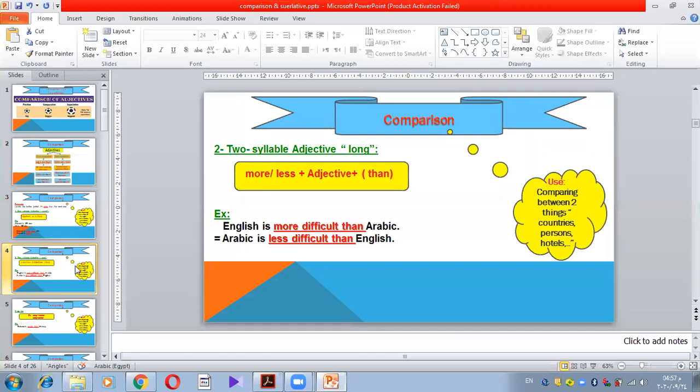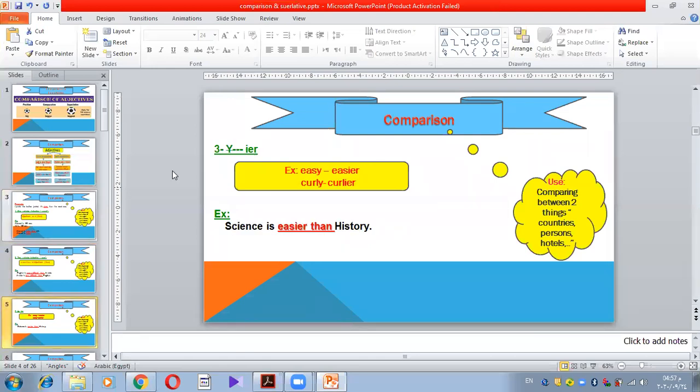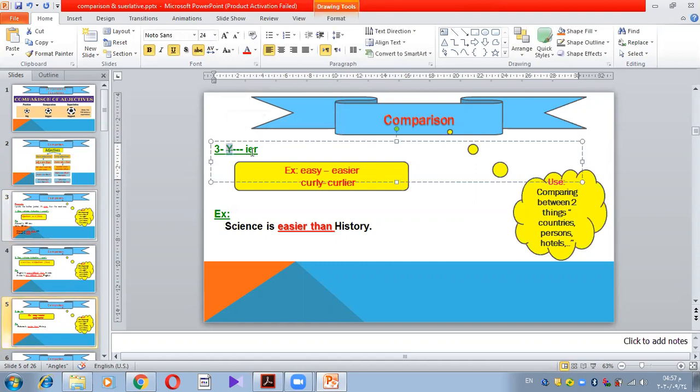Okay, rule number 3. If the adjective ends in Y, what shall we do? We change the Y into I, and then we add the ER. So easy, easier; curly, curlier.